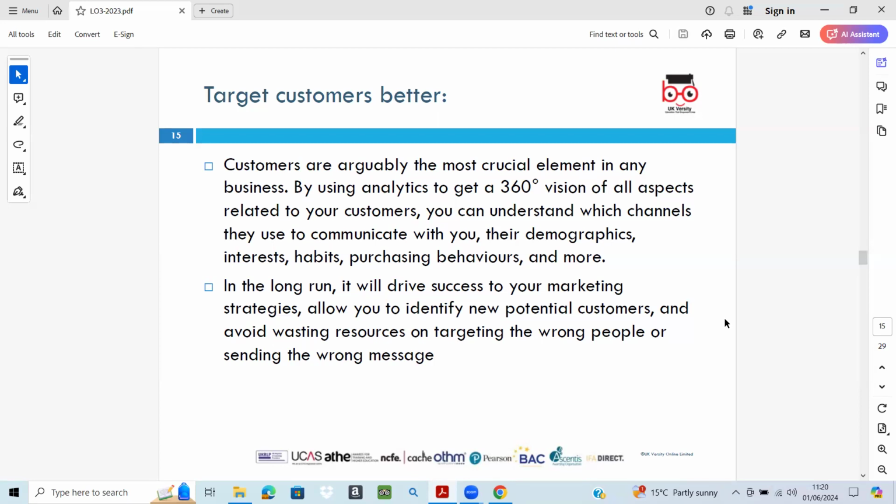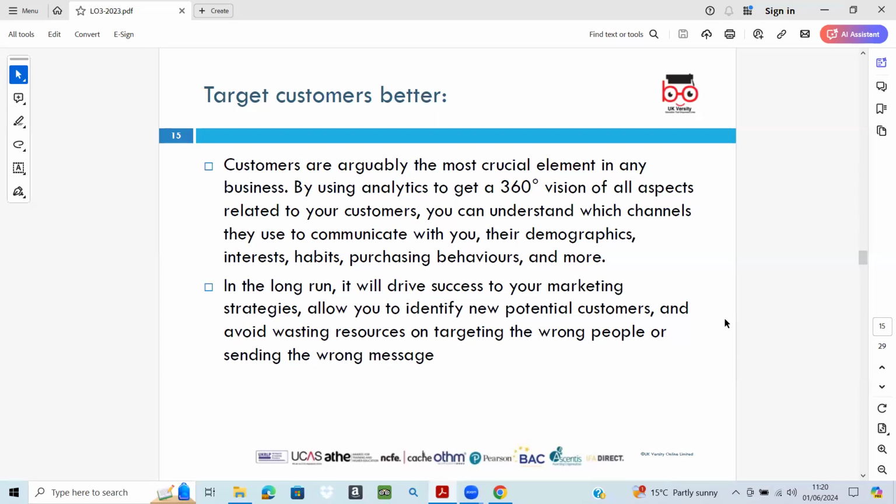Utilizing data analytics to gain a comprehensive view of customer behavior, preferences, and characteristics can greatly enhance marketing strategies and overall business performance. So, why is leveraging analytics crucial in customer targeting?